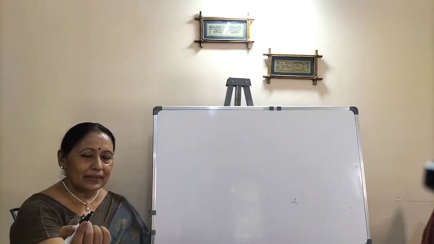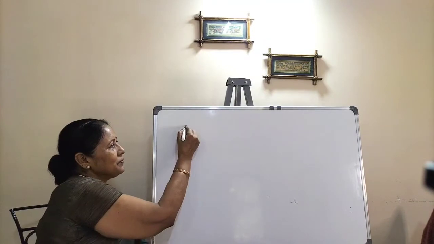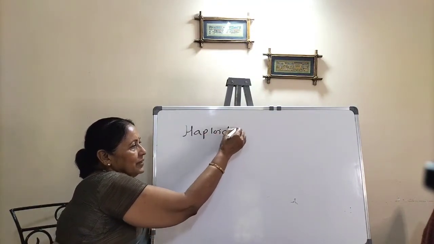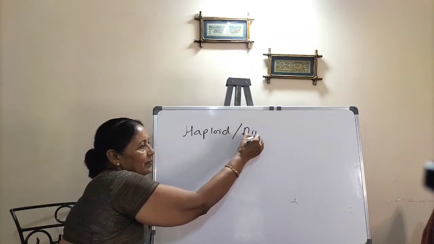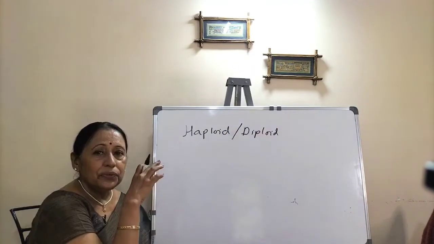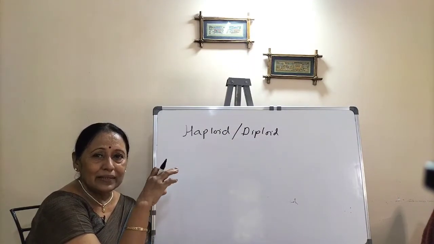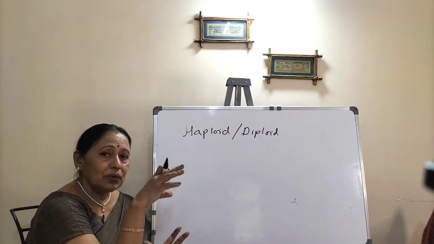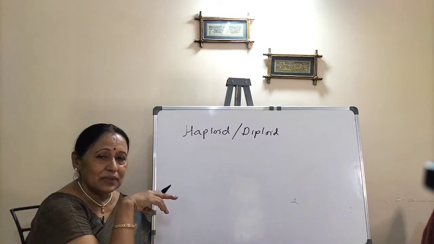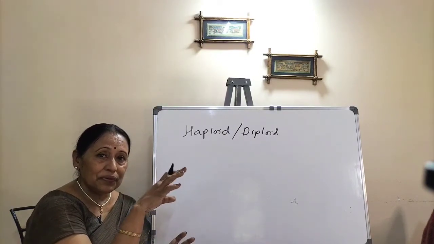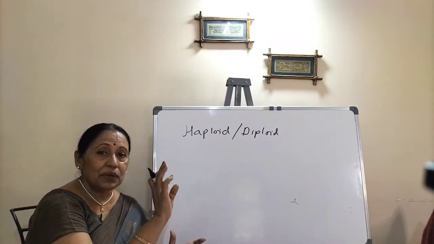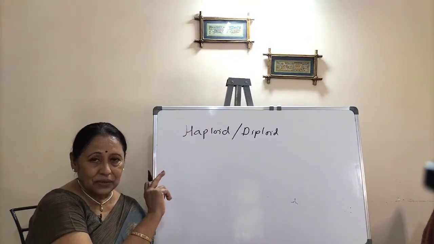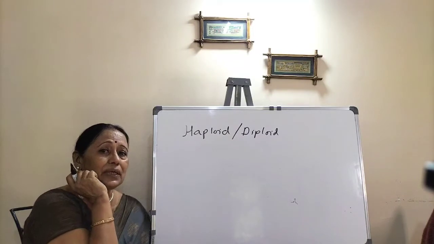Next term is haploid and diploid. This is what is haploid and what is diploid. You know that human beings, they are sexually reproducing organisms who are having 2 sets of chromosomes. The zygote, which is formed by the fertilization of the 2 gametes, each one is carrying 1 set of chromosome. 1 set means what?